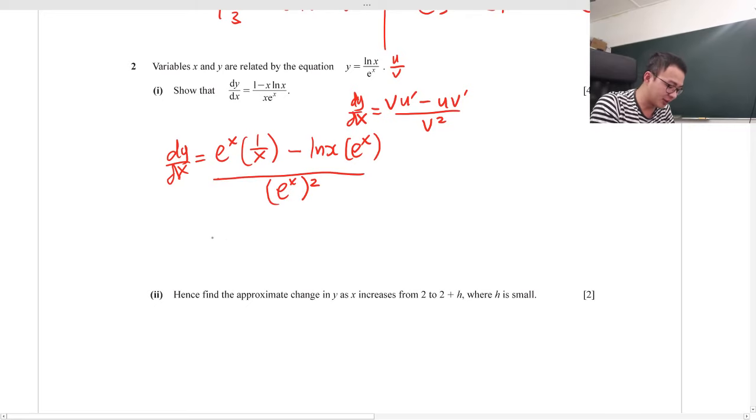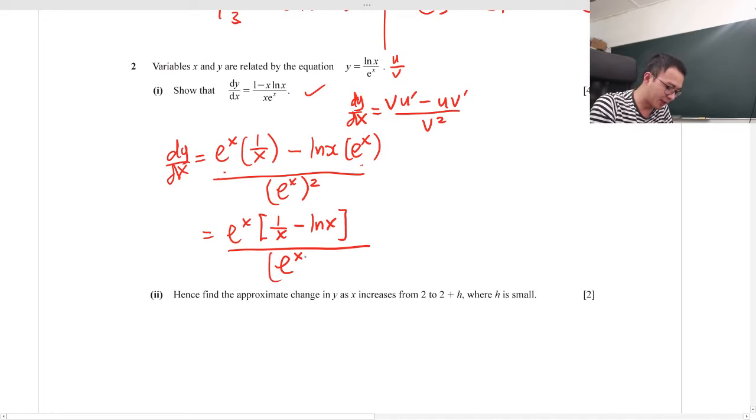Alright, so basically, I can simplify this one because I try to get something like this. First thing is I try to take out the e^x here. So if I factorize out the e^x, what I'm getting here is (1/x minus ln x) over e^x. (e^x) squared or e^2x, it doesn't matter.